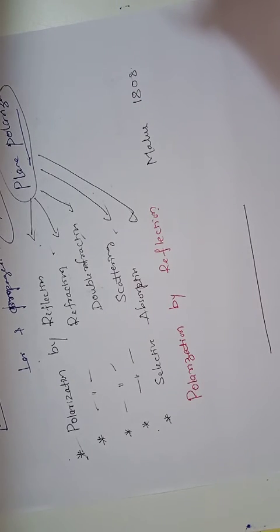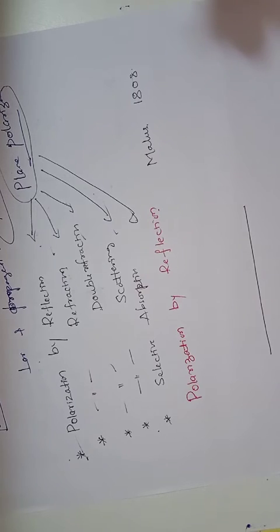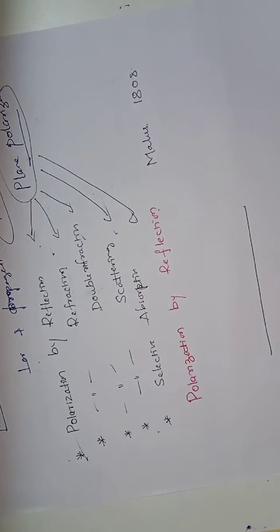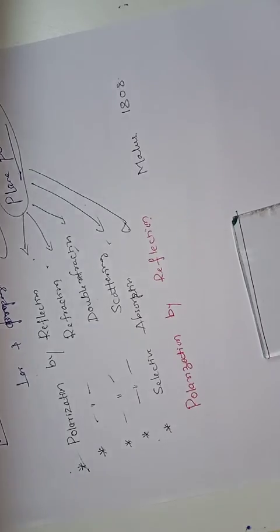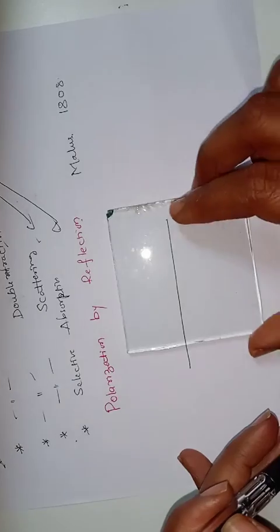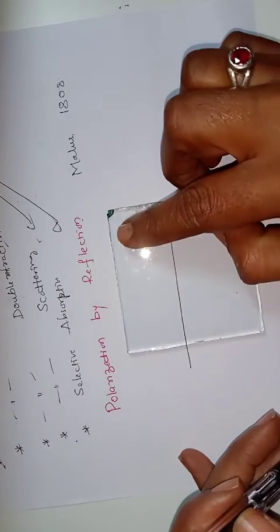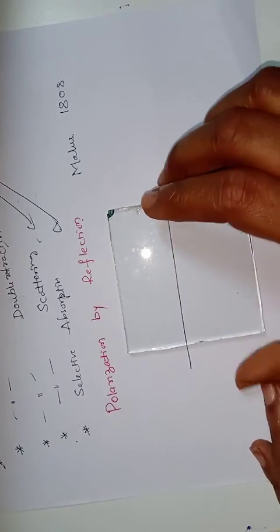He found that polarized light is obtained when ordinary light is reflected by a plain sheet of glass. Consider light incident along the path AB. This is the glass, and the light is falling here, which will be polarized.